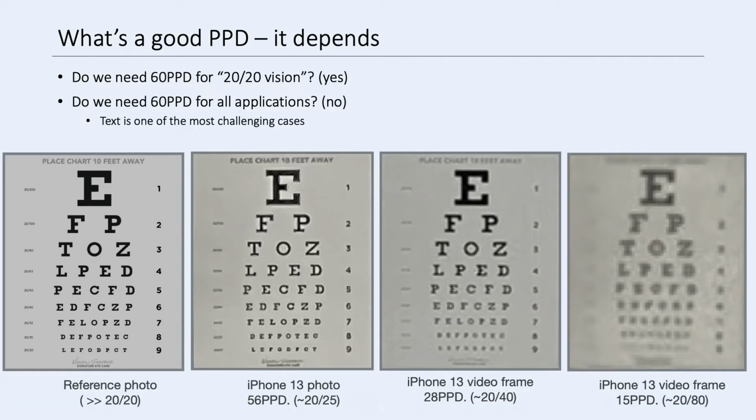And then the video frame is 28 ppd and is about 20/40 vision. So not half, but 20/40 human vision, right? And if you do that wide field of view video from iPhone, that's 15 ppd, so 20/80 vision. So for the first point, you actually do need 60 ppd to get to 20/20 vision.